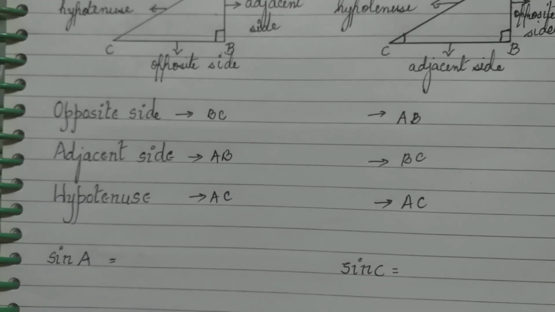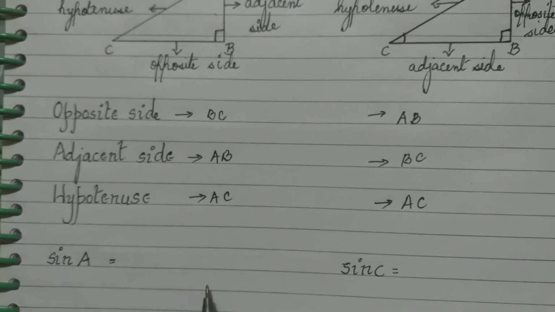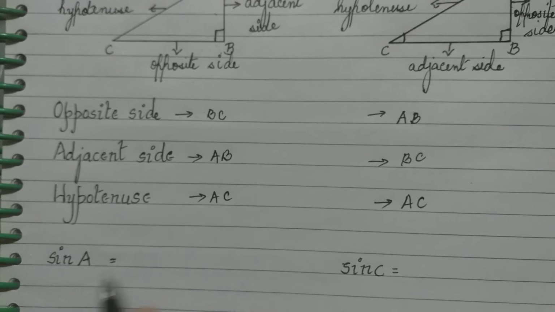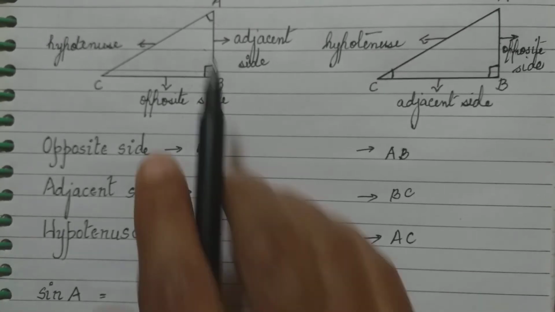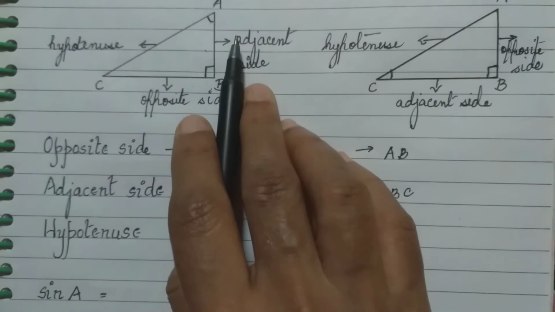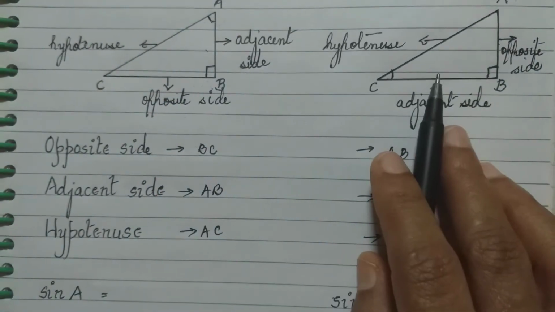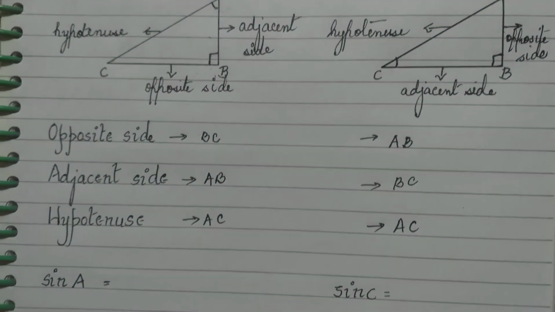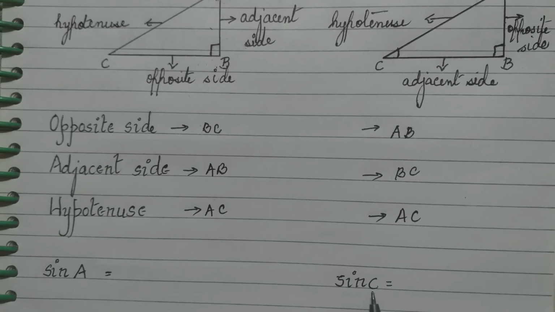So now we have named the opposite side, adjacent side and hypotenuse with respect to the two triangles I have drawn. Now we go to the trigonometric ratios and notice how we write them. You see here I have written sin A because in this triangle the acute angle under consideration is angle A. Here I have written sin C. It is written SIN, but we still refer to it as sine.